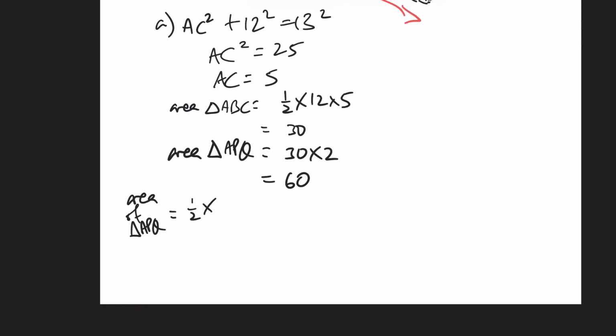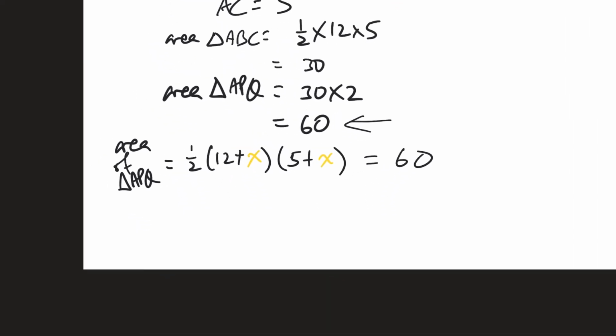So half times 12 plus x, base times height, and my height is 5 plus x. And that gives me 60, because we know it's 60. Then if we can solve this, we can find x.